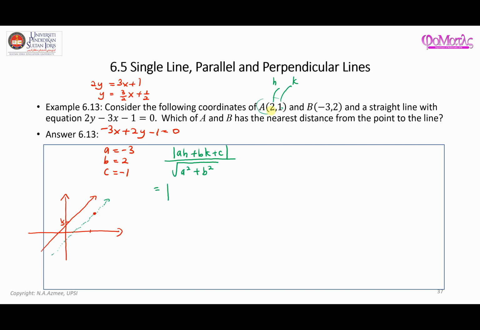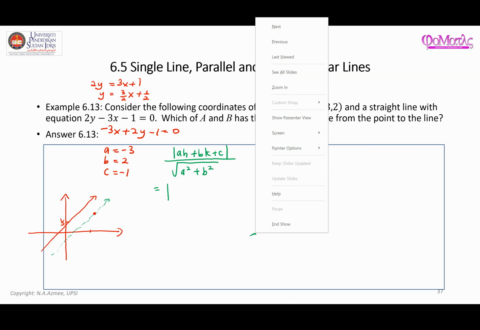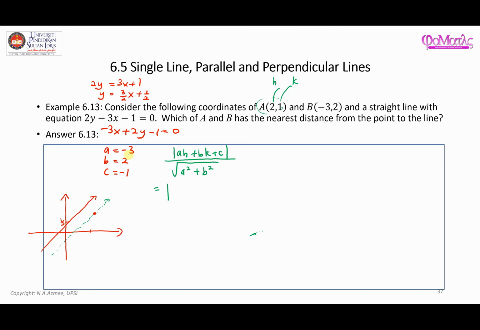Next, I'm going to plug in the values. -3 times 2 is -6. 2 times 1 is 2. Plus C, which is -1, so that is -1, over the square root of (-3) squared, which is 9, plus 2 squared, which is 4.